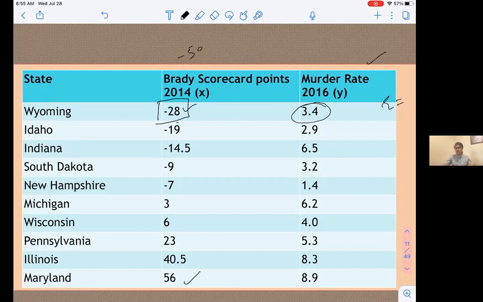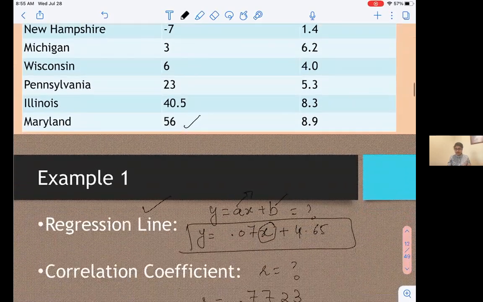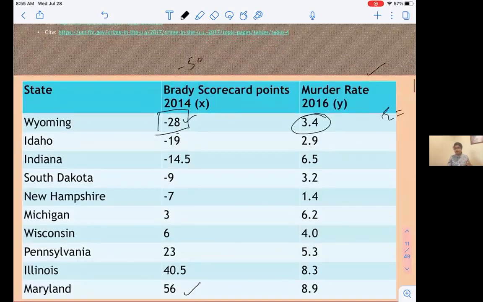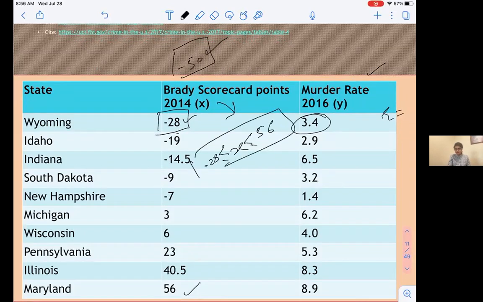Once I have a linear regression line for this example, that least square equation, or that regression line, cannot be good to predict the value for Brody's scorecard points for -50, because we do not have enough data for that. -50 is outside of this bound, because our X values start from -28 and go up to 56.